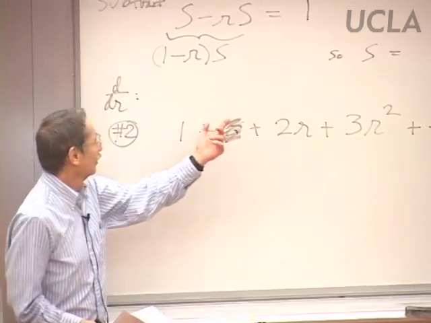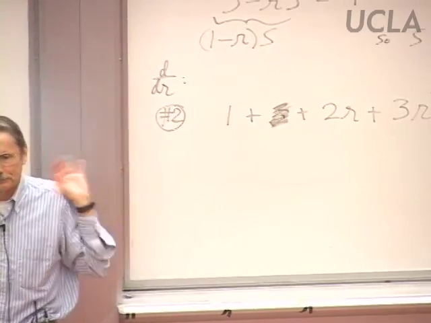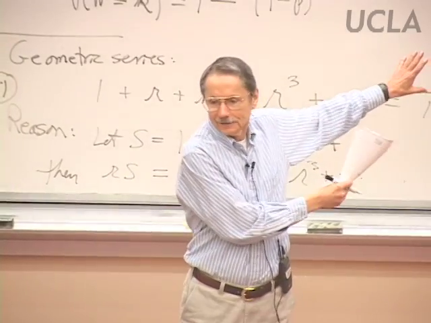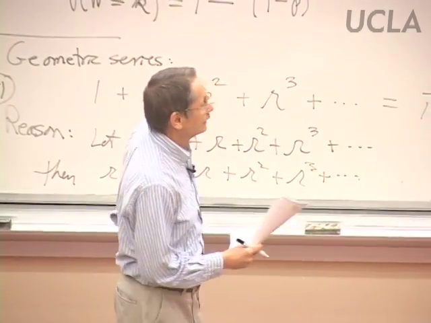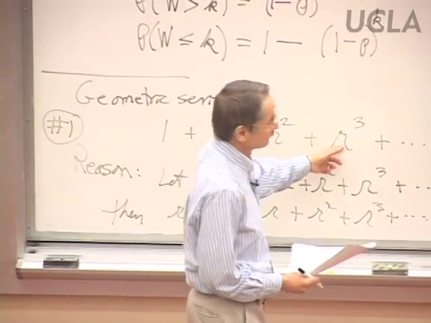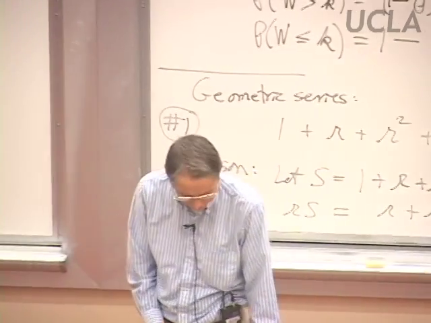Yeah, good. The question is, where did that r come from? It came from a mistake. Yes. It's not there. You never saw it. 0 plus 1 plus 2r plus 3r squared. Much better. Thank you.